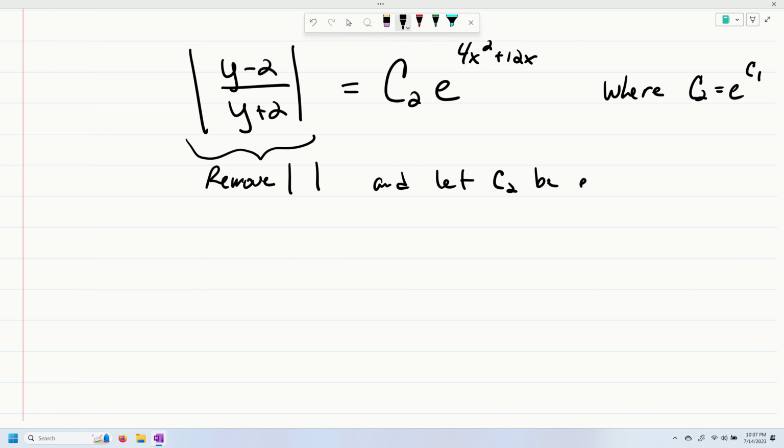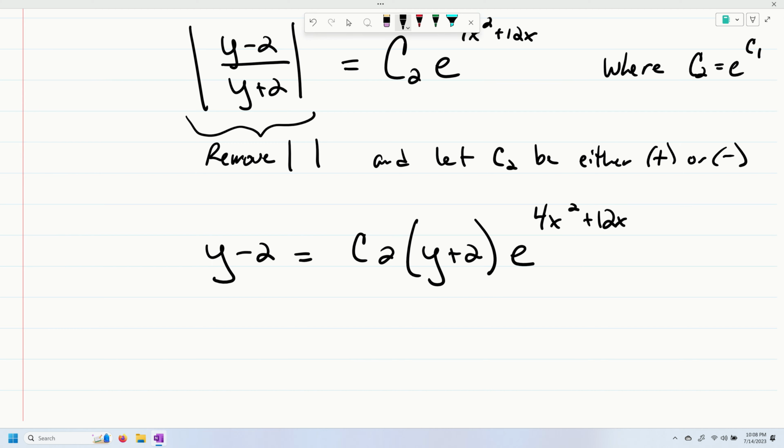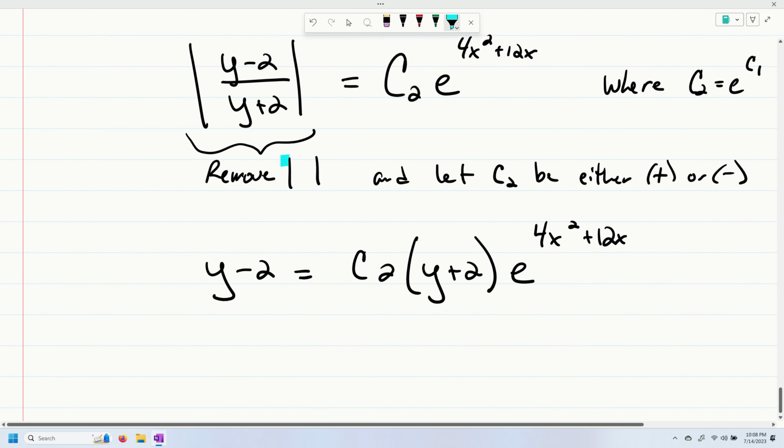I'm going to write y minus 2 equals c2 times the quantity y plus 2 e to the 4x to the second plus 12x. What I did is when we removed the absolute values, I multiplied both sides of my equation by the quantity y plus 2. So that's how I got the y plus 2 over here.